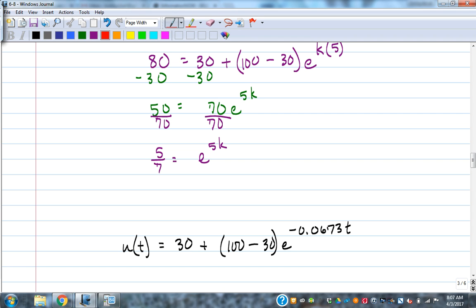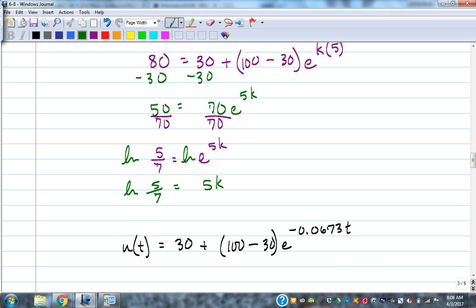How do I get rid of the e? Natural log, yeah. So natural log of each side. And that's going to be natural log 5 over 7 is equal to 5k. Because remember, natural log and e cancel each other out. So it's just 5k.